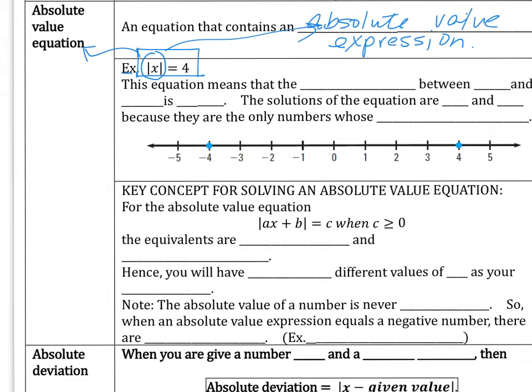This equation means that the distance between x and 0 is 4. The solutions of the equation are negative 4 and 4 because they are the only numbers whose distance from 0 is 4.